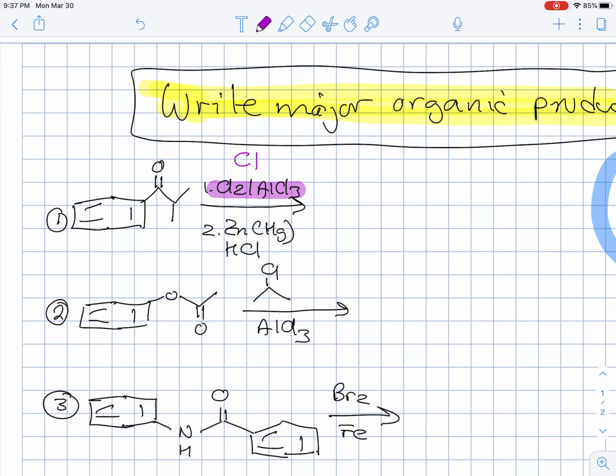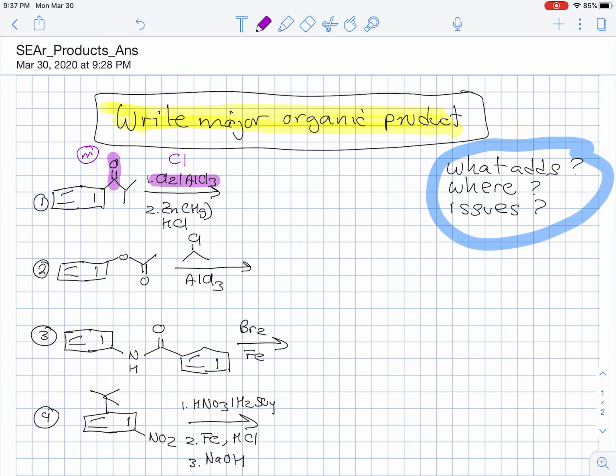And then if we look at our existing group, what we have here is a meta-director. So we're going to put a chlorine on the meta position, and there really aren't any issues here. And put a chlorine on the meta position.